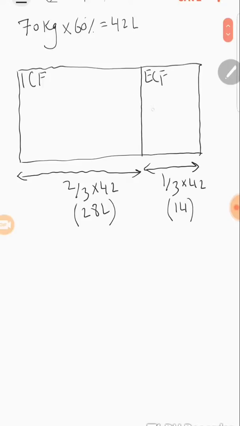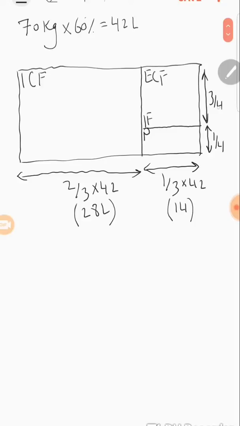Of the extracellular fluid, about a quarter of it is plasma, which I'm going to represent as P, and the rest of the extracellular fluid, which is 3/4, is interstitial fluid.